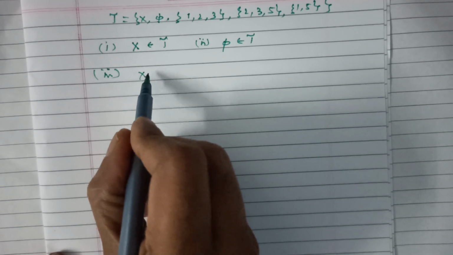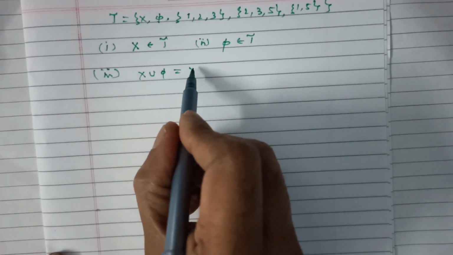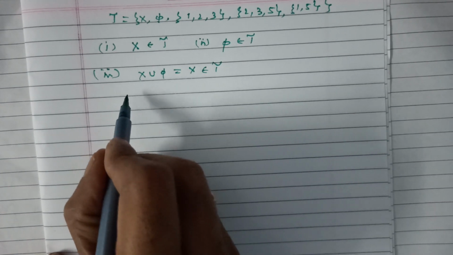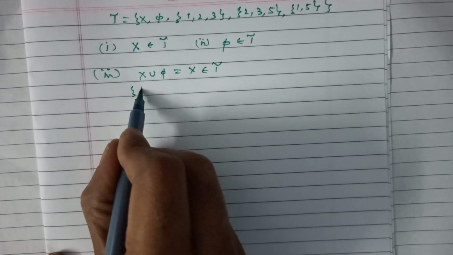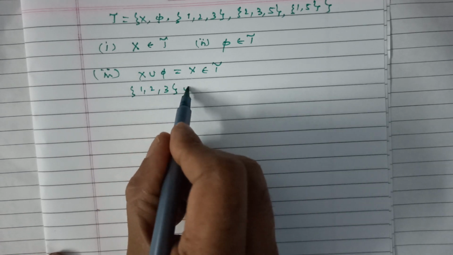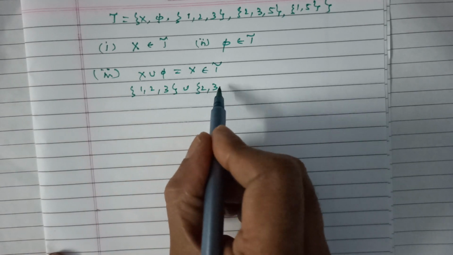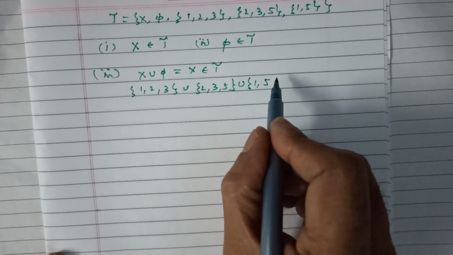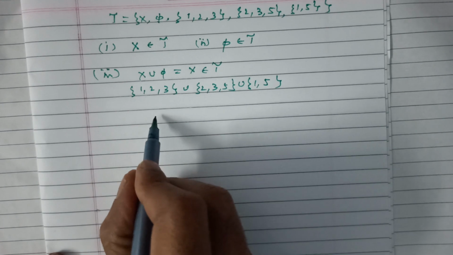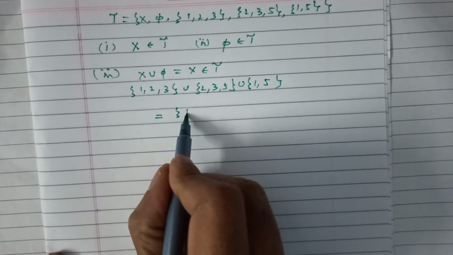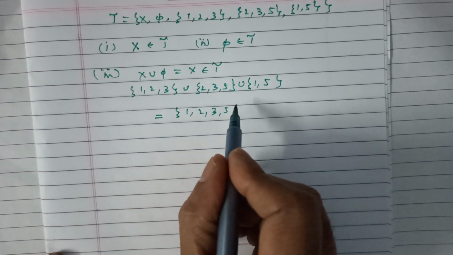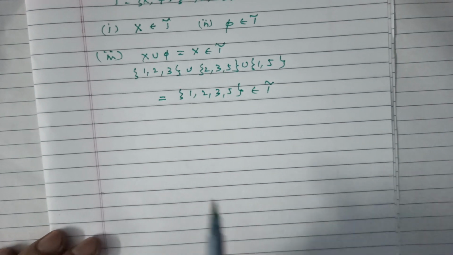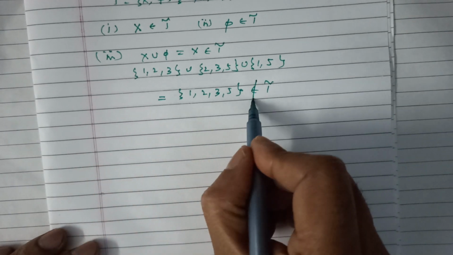X union phi is equal to X, that belongs to tau. Next, {1, 2, 3} union {2, 3, 5} union {1, 5} is equal to {1, 2, 3, 5}. It does not belong to tau. So not every union belongs to tau.